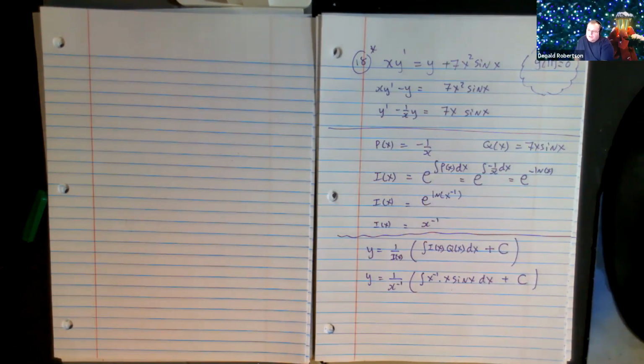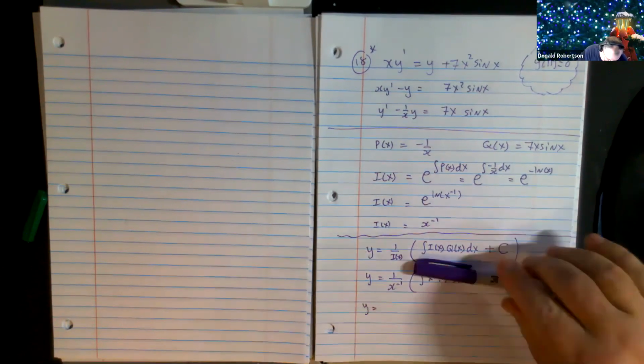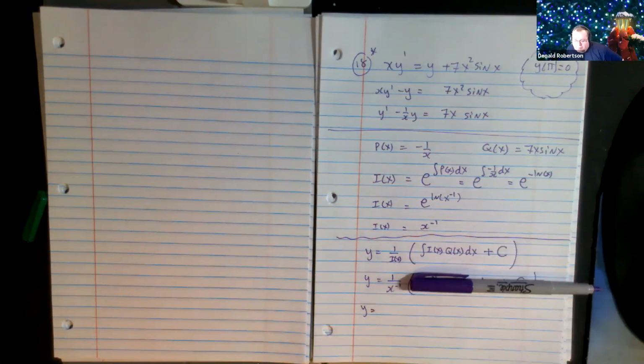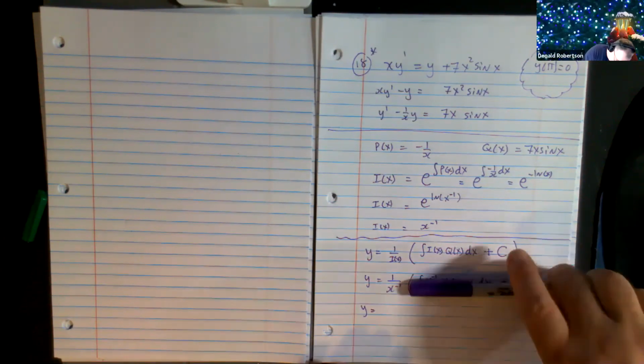Okay, we've got some tidying to do. We've got some style-point things to do. If you think about it, isn't there a better way to write 1 over x to the -1? You agree? It's just x. I guess you could say x to the 1, but we never write 1, do we?